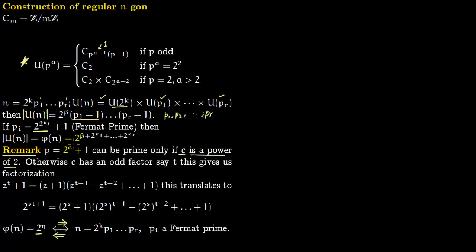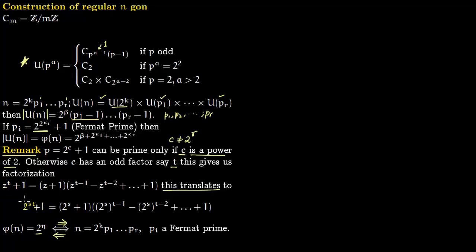If c is not 2 to the power of some gamma, then c has an odd factor, say t, and this gives a factorization, and then you no longer have a prime. For example, z^t plus 1 for t odd factors like this: (z plus 1) times (z^(t-1) minus z^(t-2) and so on, plus 1). Now instead of z you put 2 to the power of s, giving 2^(st) plus 1.